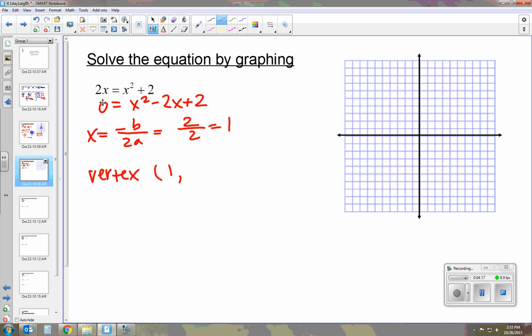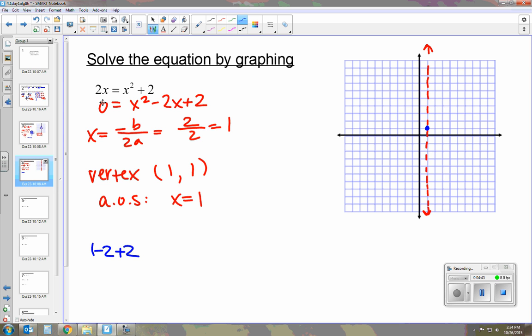And if we plug that back in, we do 1 minus 2 plus 2. And that would give us a 1. So our axis of symmetry, once again, is x equals 1. So let's graph that. And our vertex is at (1, 1).